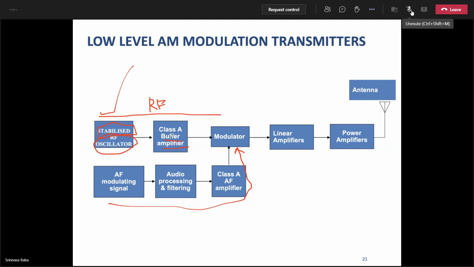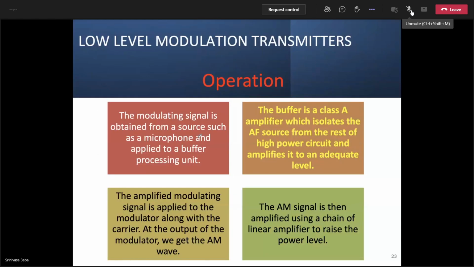So the function of the buffer amplifier is to isolate all these blocks from the oscillator in the return direction. Say you have two directions.